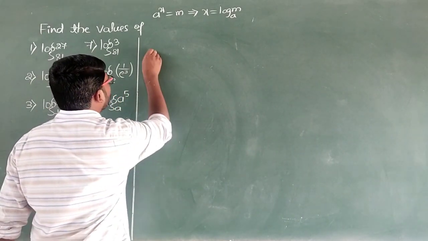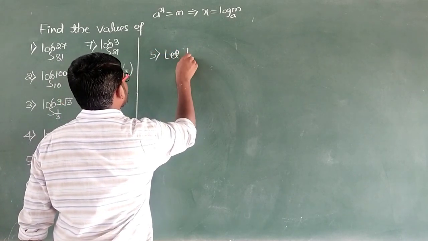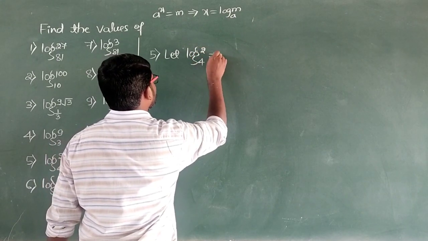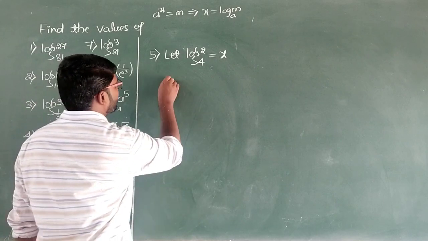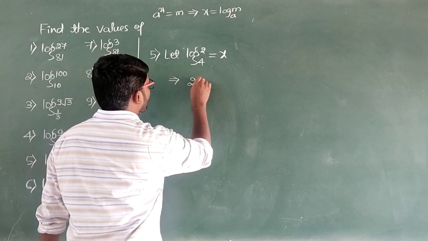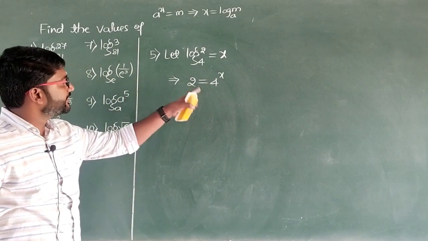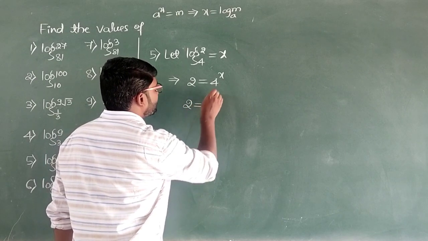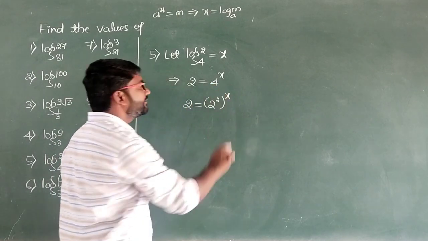Well, question number 5. Let log 2 to the base 4 equal x. Simplify this now. This implies 2 is equals to 4 to the power x. I will be writing this as it is. Then 4 can be written as 2 square, then whole power x.